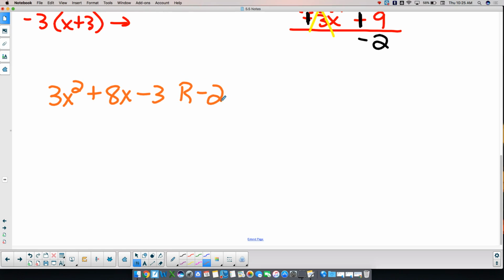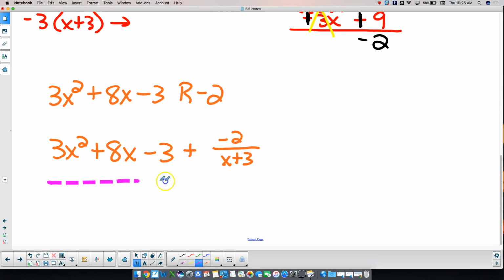Okay? That to me just doesn't, that's not mathematical like that. So what we say instead is 3x squared plus 8x minus 3 plus negative 2 over x plus 3.